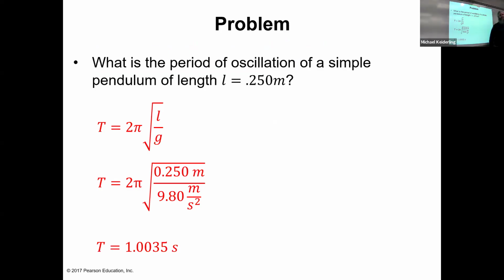Just a little bit more than a second. So a little bit shorter than a quarter meter would be a good length for a clock. The actual grandfather clocks tend to use a period of around 2 seconds, because you can get a swing each second. Depends on what you're trying to do.